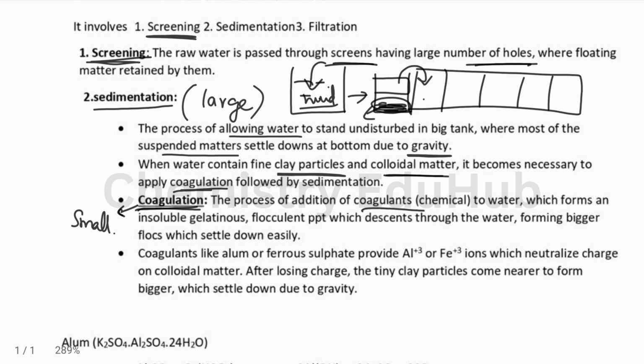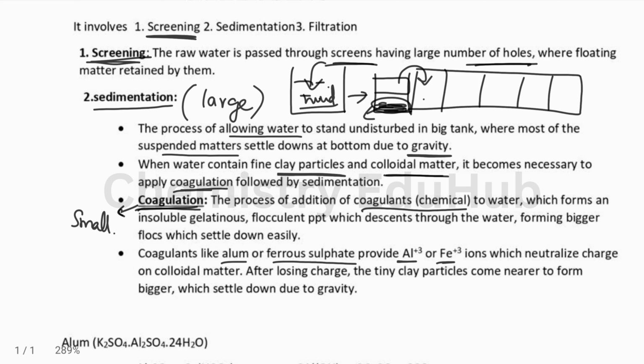We add certain coagulants. Now what are these coagulants? They can be alum or ferrous sulfate. Alum is nothing but aluminium potassium hydrated salts. In Telugu we call it patika. Alum or ferrous salts are those where aluminium and iron ions, tri-positive ions, are present.